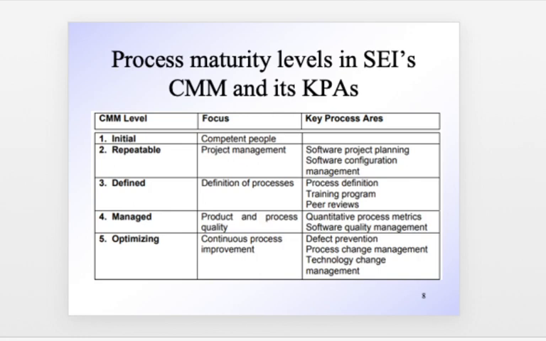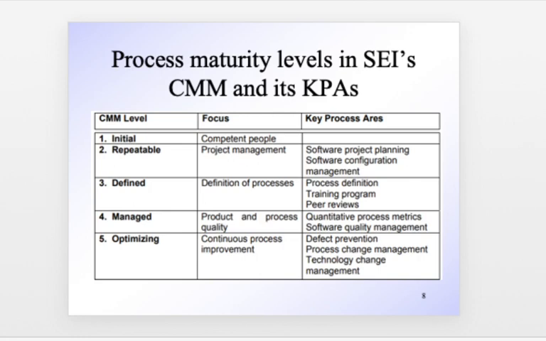Software quality also could be measured by what is called the SEI CMM. CMM stands for Capability Maturity Model. The Capability Maturity Model defines 5 levels, level 1 through 5: 1 being initial, 2 is repeatable, 3 is defined, 4 is managed, and 5 is optimized.